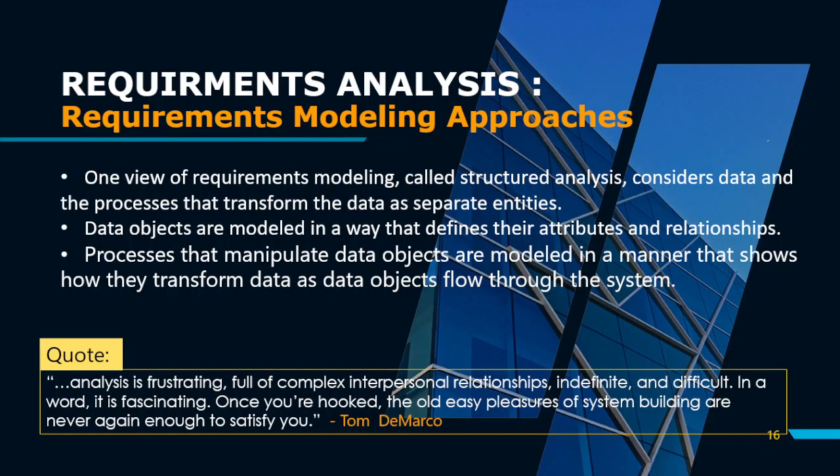It describes data and process. Here, data objects are modeled in a way that lets you define their attributes and relationships, and process manipulates the data objects in such a way that they meet the system requirements, transforming the data objects as they flow through the system. So that's one view of requirements modeling, that is structured analysis.